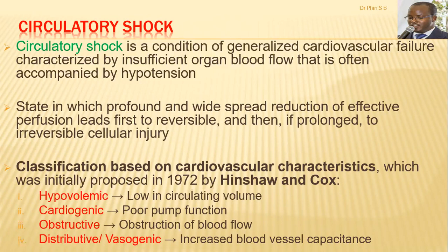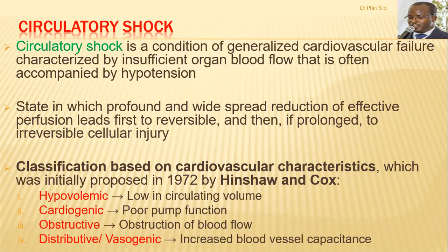Then you can also have obstructive shock, which results from obstruction of blood flow. If you have emboli or cancer, that will result in obstruction of blood vessels, and it can result in obstructive shock. Then the last type of shock is called distributive or vasogenic shock, with increased blood vessel capacitance.